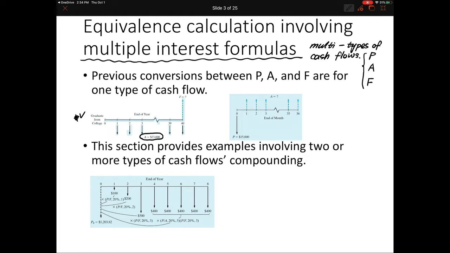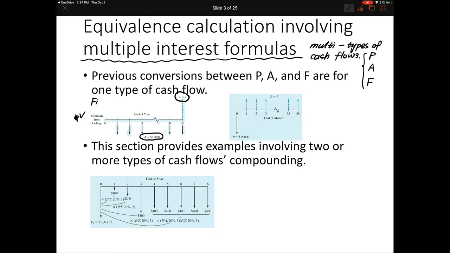That's our single type, one type of cash flow. And the question usually is, how do you find the future value from that annuity? How do you convert the annuity to a future value at the end of the timeline?